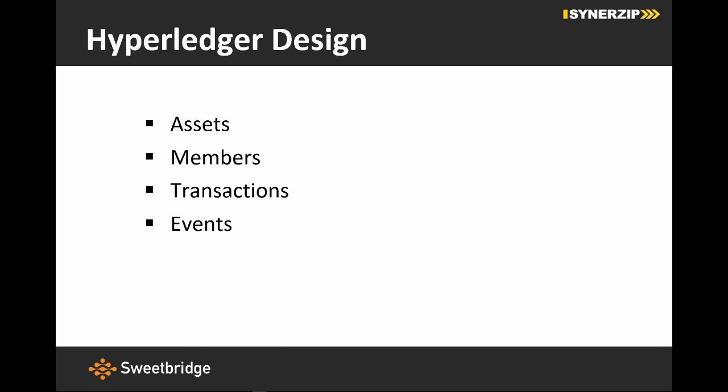I've done a number of design projects implementing Hyperledger blockchains, and one of the things that's very helpful as I begin those projects is to understand that there are really 4 constructs that you want to use to evaluate use cases as you put them onto Hyperledger. And the constructs are assets, members, transactions, and events.